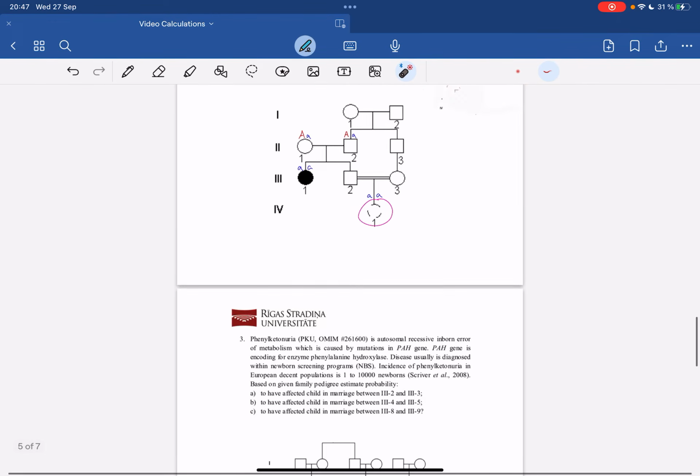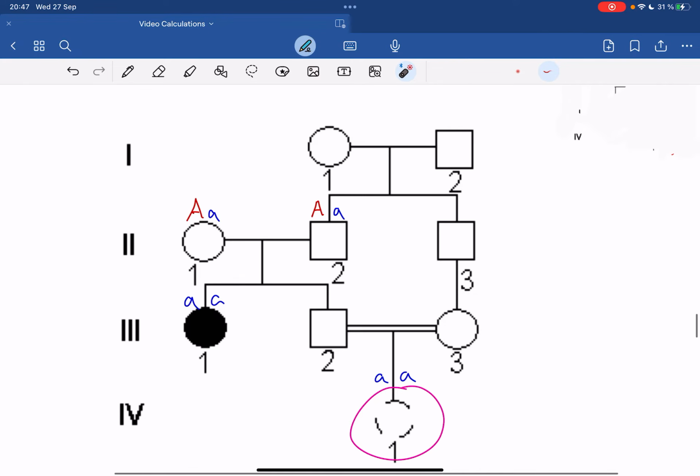So here we go. For this kid to have one allele from a mom and one allele from a dad, that means one of each for these parents, and they have to have one dominant because they are not affected. So they have to have one dominant because they're healthy and one sick allele because their kid is sick and has that type of phenotype.